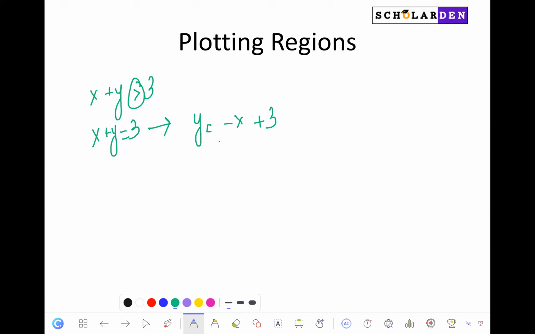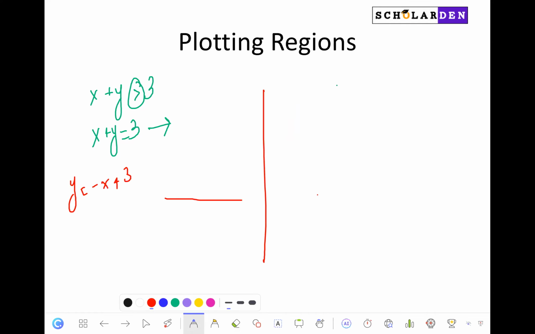So what does this look like? This is the standard equation of a line, the slope-intercept form. The slope is m is equal to -1, and the y-intercept is 3. So let's quickly draw this line. The line is y is equal to minus x plus 3.